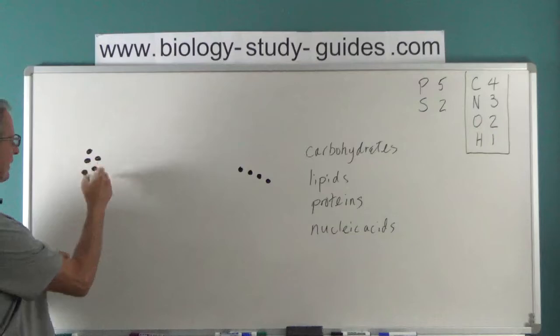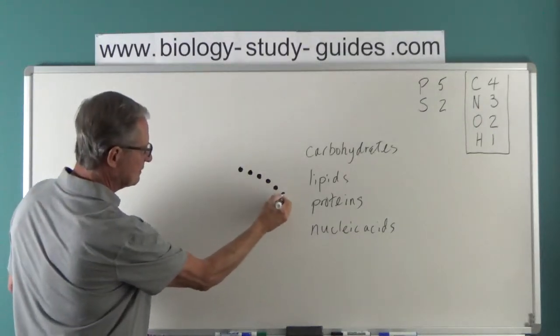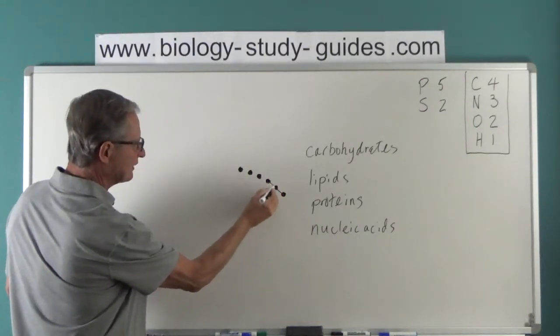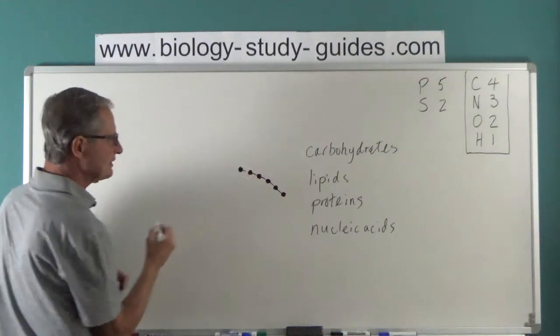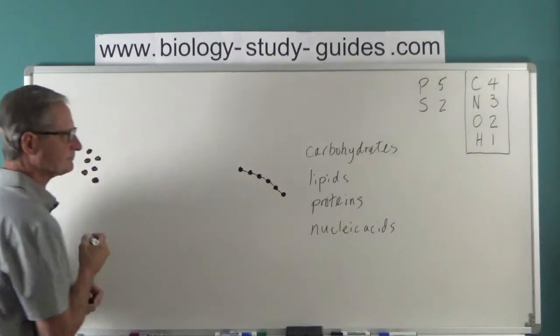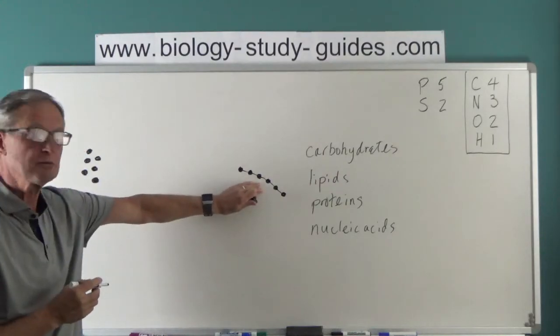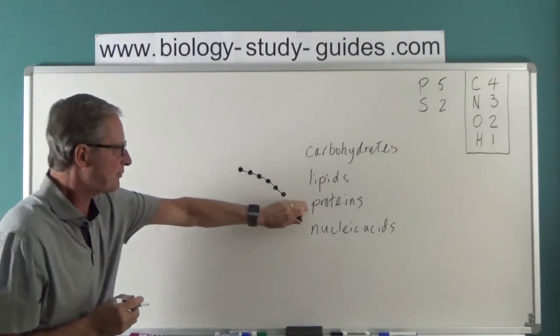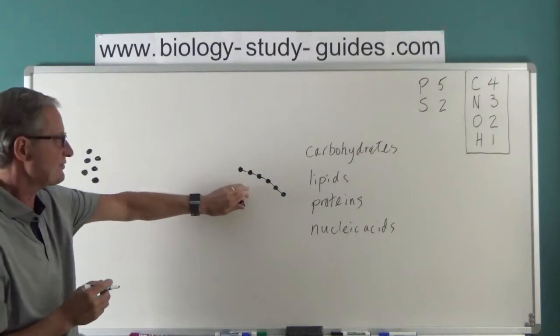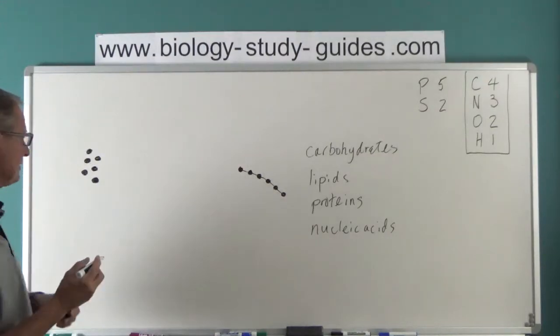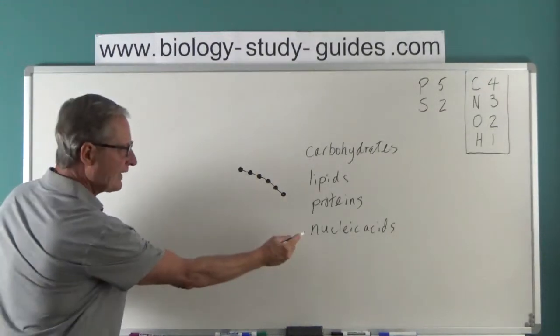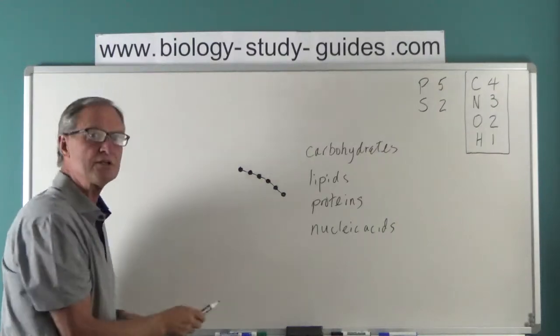I've got 6 pieces here, so we bond them all together. This could be a carbohydrate, something like starch, or it could be a protein, maybe insulin, but insulin has 51 of these pieces, not 6. And nucleic acids are made out of millions of these pieces.